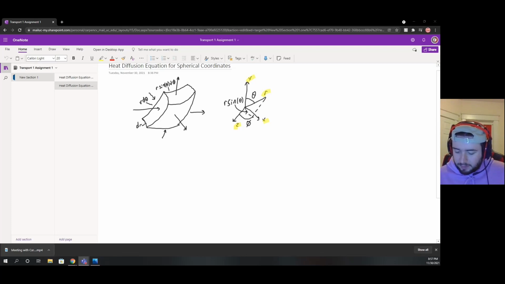We have an angle theta between y and r, and then we have an angle phi, which is a projection between the length of r sine theta and the z direction.